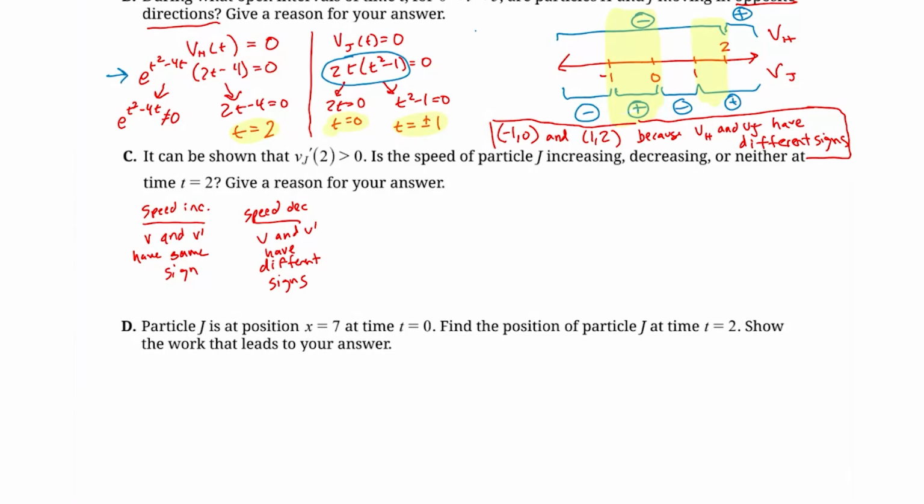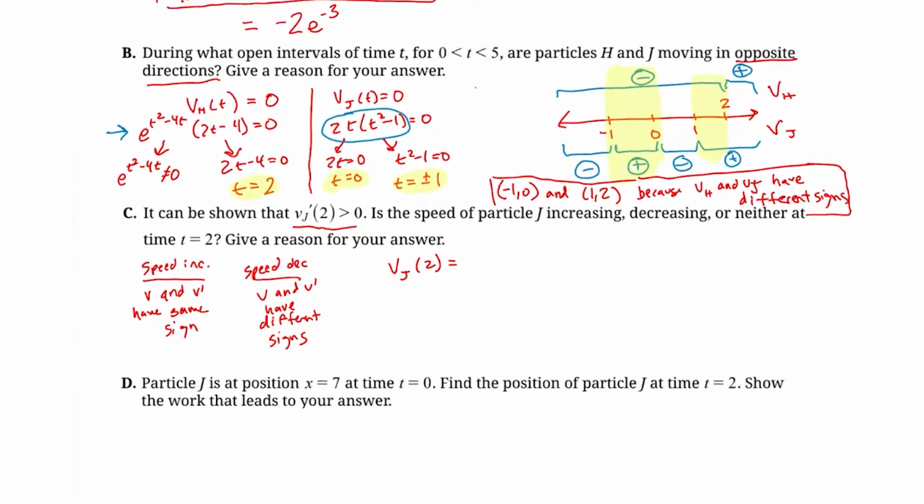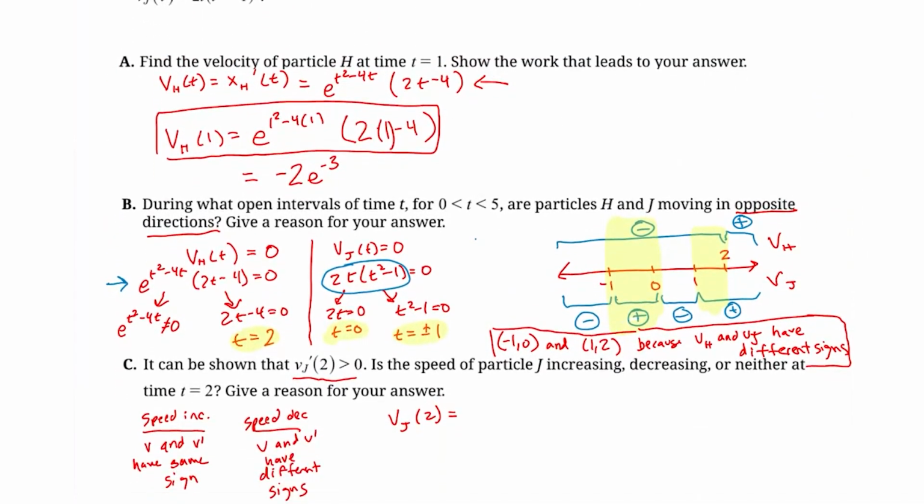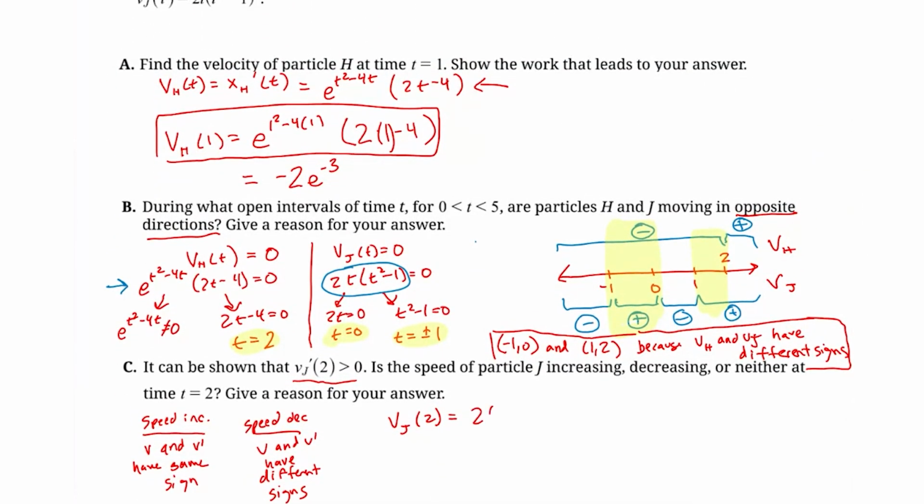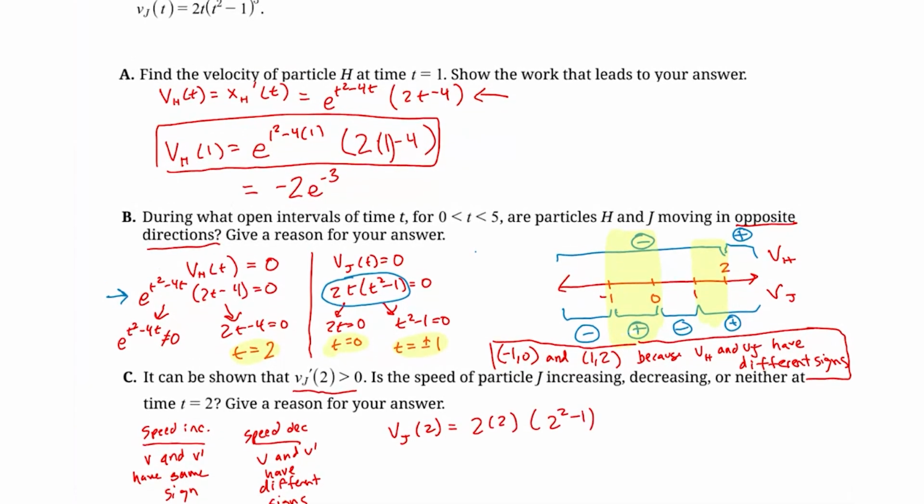Okay, so at time equals 2, first of all, we know v prime is positive. So we know the acceleration of j is positive. So now we just need to find the velocity of j at 2. The velocity of j, which is given up here, is 2t, so 2 times 2 times 2 squared minus 1 cubed.